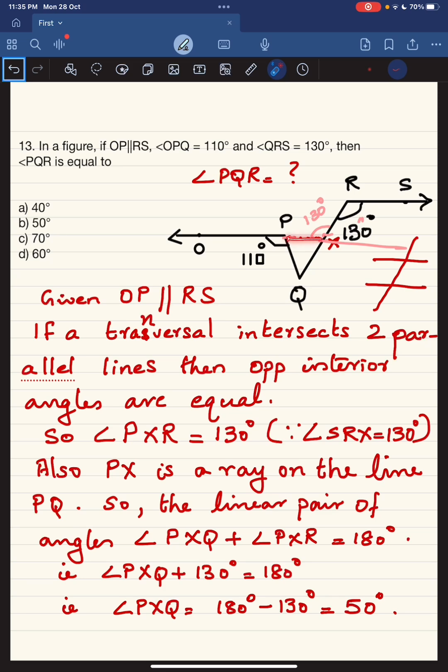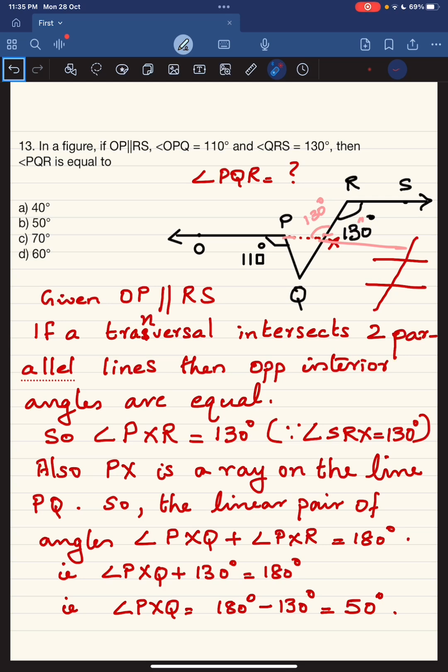This dotted line PX is not given in the picture; I give this dotted line now and mark here X. If you get the same type of picture, you want to connect here and give a name to show this is a transversal, right?